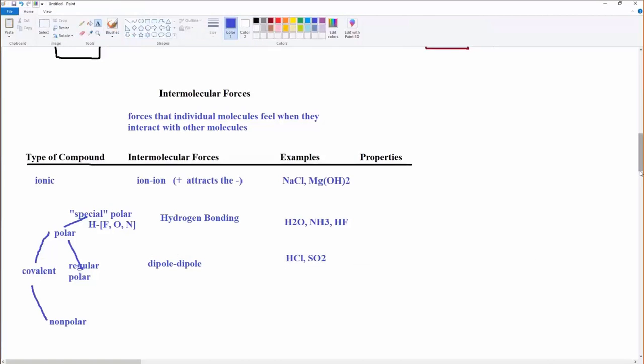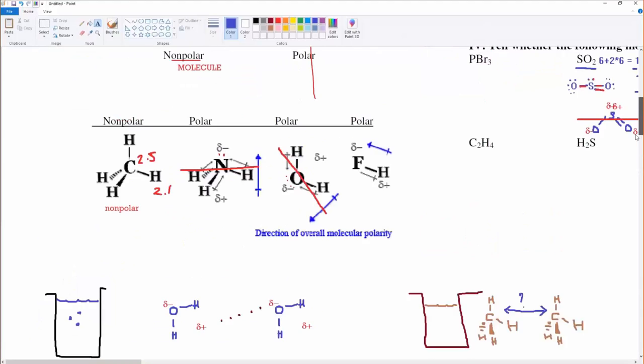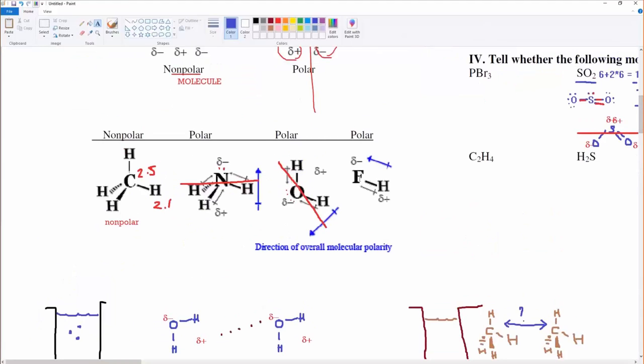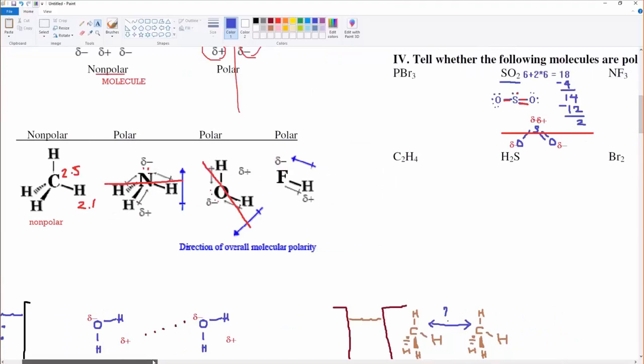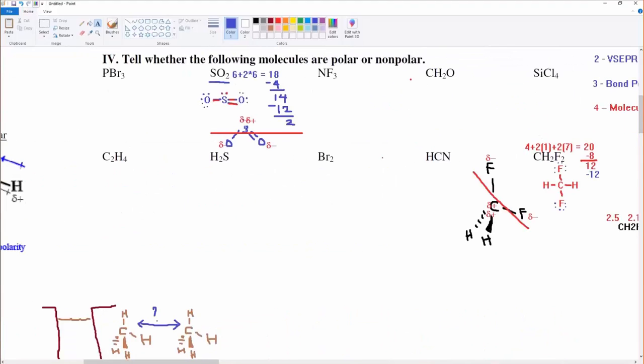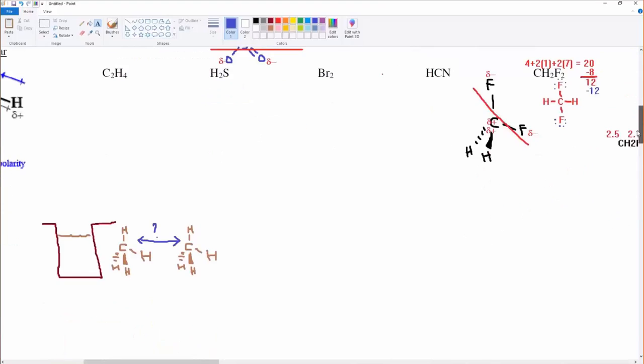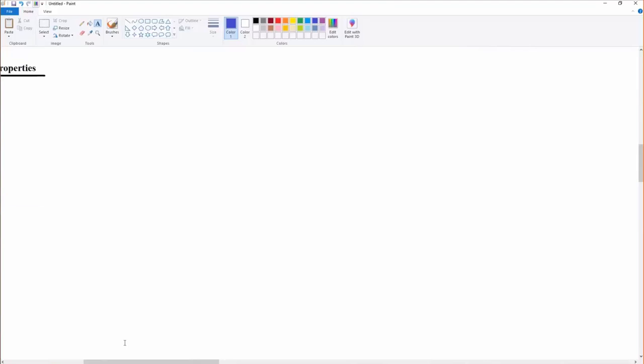Let's see, what else did we see here? All of these, N, O, and F, would be hydrogen bonding. But over here, there's our SO2. That would be dipole-dipole. This CH2F2 is dipole-dipole because, again, the hydrogens aren't attached to the fluorine itself, right? Hopefully you see that. So that would be dipole-dipole.